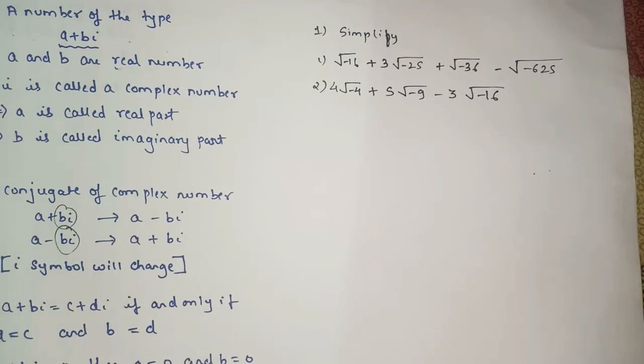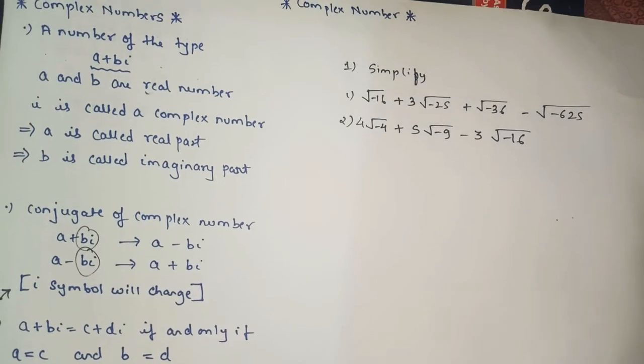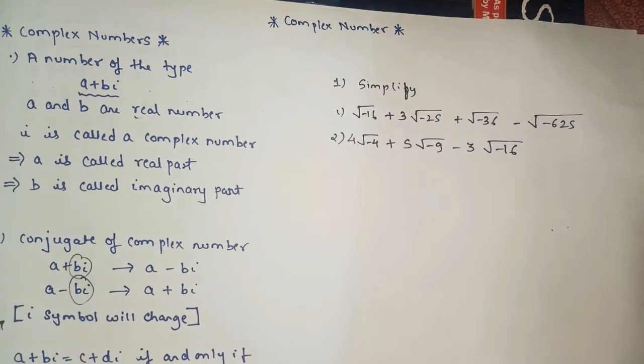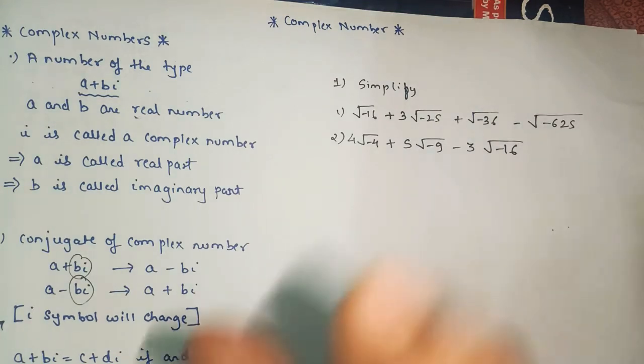Hello students, as in the last lecture we had started with a new topic, that is complex number. As I told, this topic is for both sections, commerce as well as science. In the last video lecture we saw the exact meaning of the complex number, and the format of the complex number.